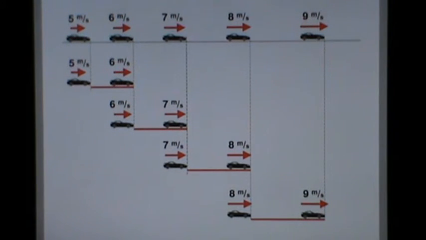Now we can find the distance of the car, which has a constant acceleration of 1 meter per second squared.